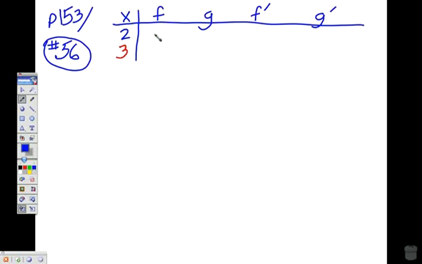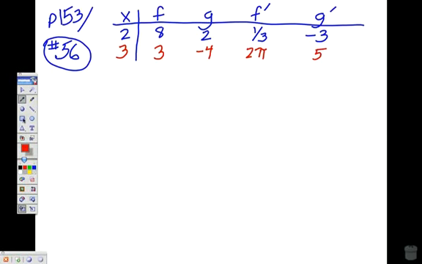When x equals 2, the table says f is 8, g is 2, f prime is 1/3, and g prime is -3. When x is 3, the table says f is 3, g is -4, f prime is 2 pi, and g prime is 5.